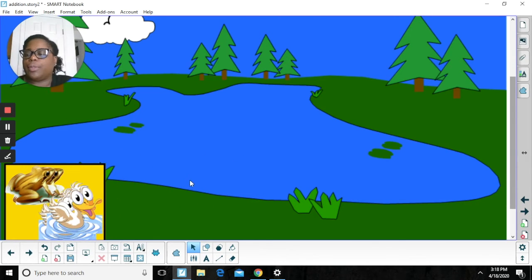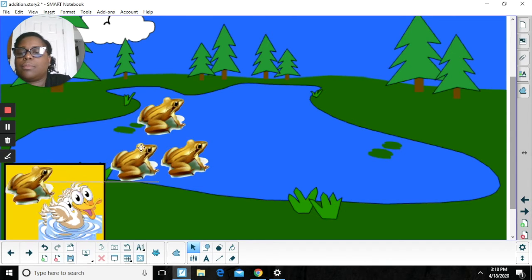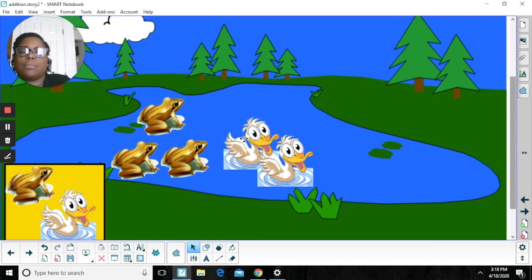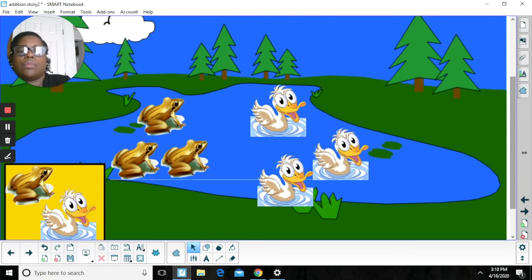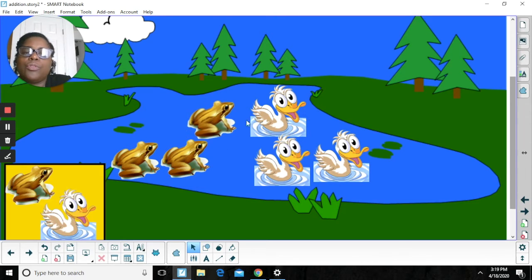Our next problem is going to be, and I'm going to move these over. There we go. So now we have 3 frogs here and 3 ducks. We need to determine how many we have all together. So in order to do that, we have to move the groups together.